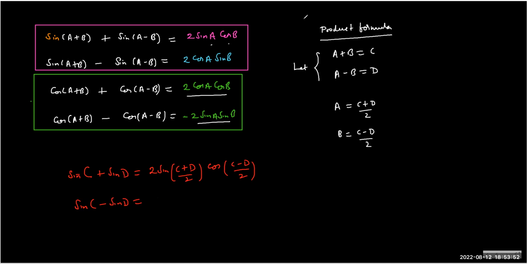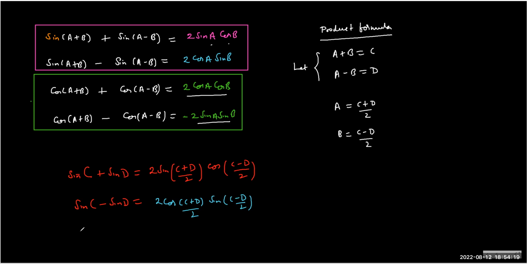Please guys tell me the answer. Sine C minus sine D, what will I get? 2 cos C plus D by 2 sin C minus D by 2. Correct. So sine C minus sine D becomes cos, but sine C plus sine D becomes sine. When you are adding, it begins with sine, 2 sine A cos B like this.